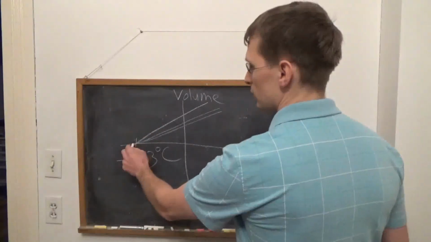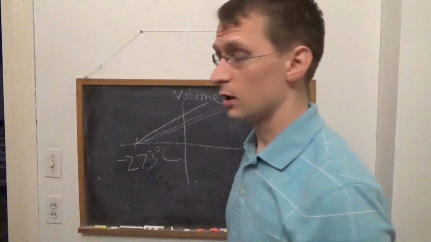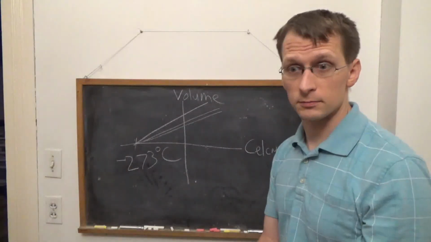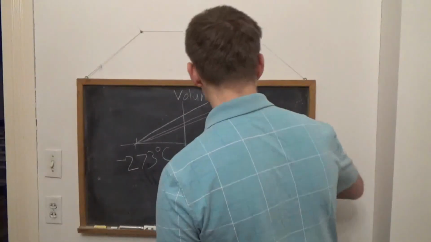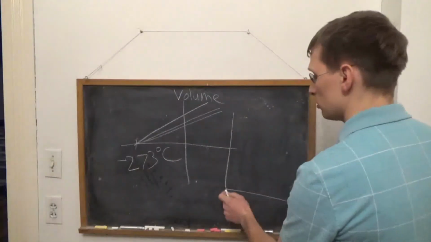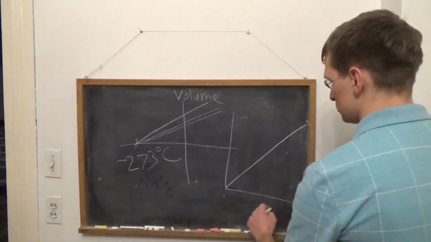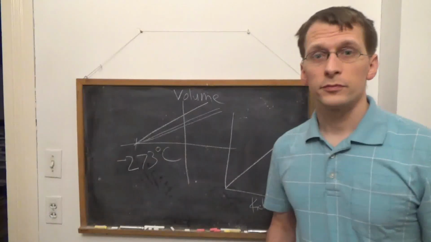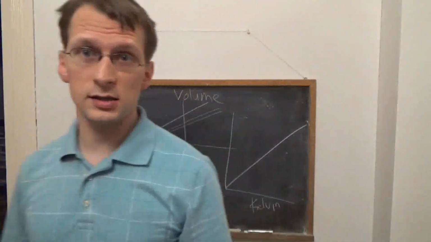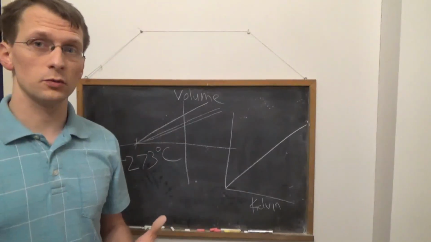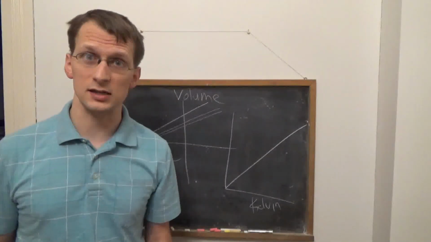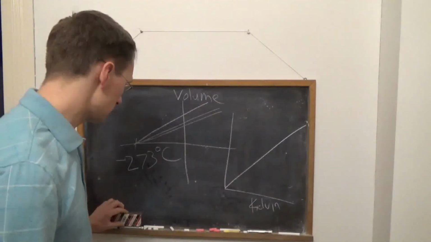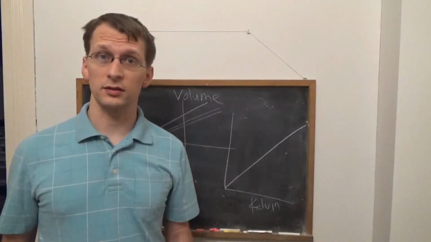So instead of having negatives in there, you'd set your 0 as the lowest temperature that you could get something, making the scale then look like this. And one reason this is great and useful is because when we look at temperature in thermodynamics, temperature is the average kinetic energy of all the molecules in the material you're dealing with.